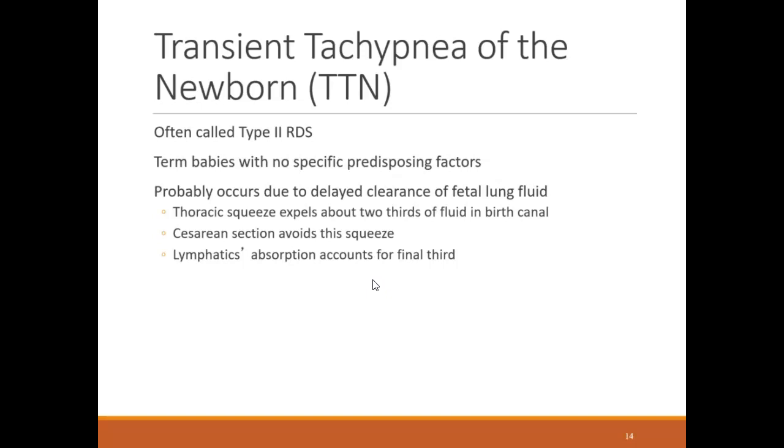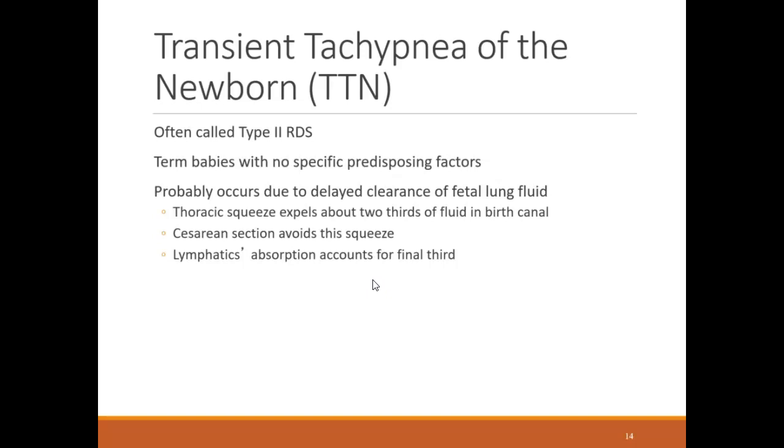I had a neonatologist once give me a long bedside lecture about how he doesn't believe that's true, and that it's just the hormones released during pregnancy that help with absorption of the fluid. I was never going to disregard something that Dr. Millville said to me, so I did not look that up, but he really believes the thoracic squeeze thing is bogus.